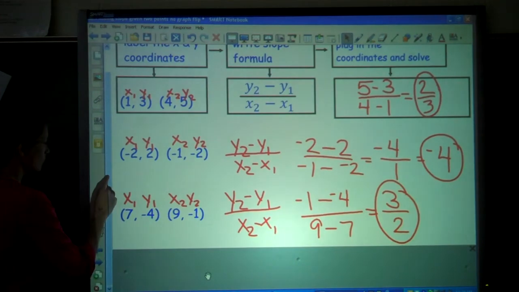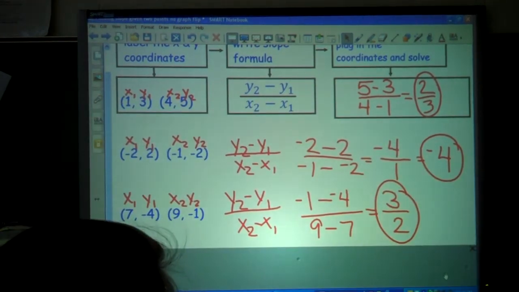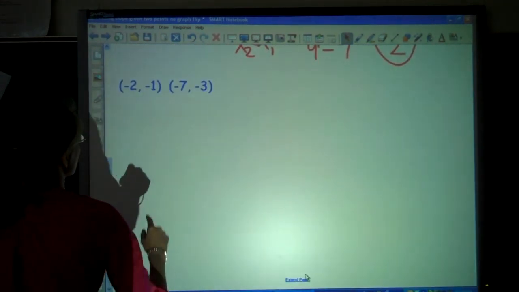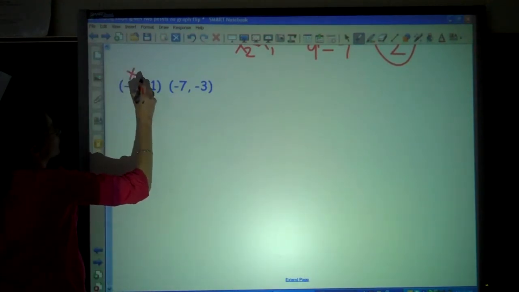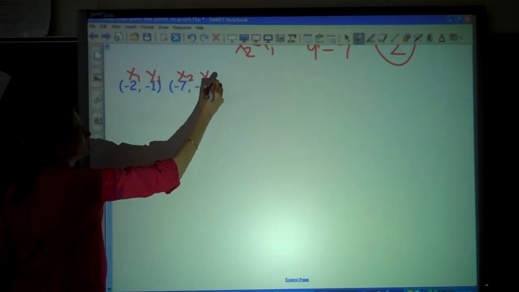We're going to do one more together, and then you will be on your own. So here are my pairs. Remember, step 1 is to label them. x1, y1, x2, y2.